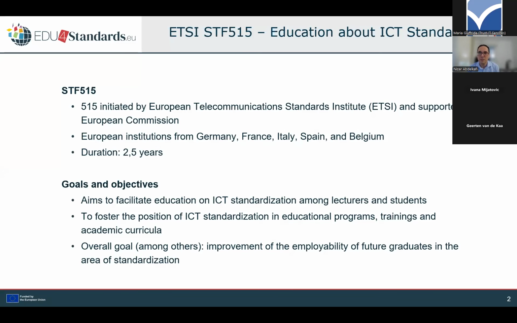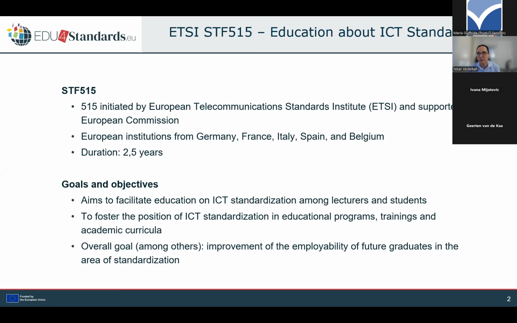The journey of the development of the teaching material started in mid-2016, so some years ago, and it was done in the so-called Special Task Force 515, which was initiated by ETSI and also supported by the European Commission.